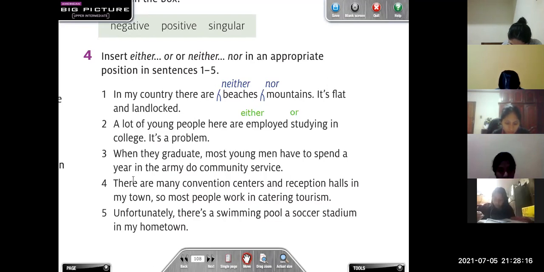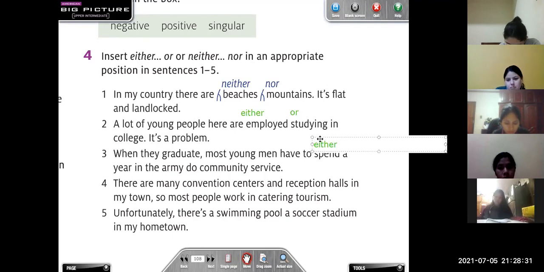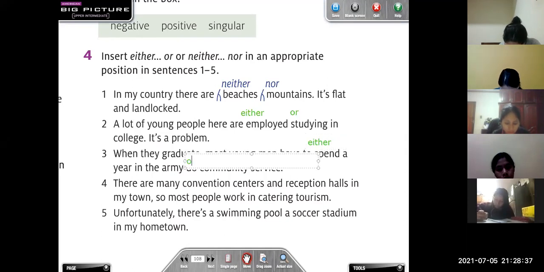To either spend a year in the army or do community service. Mhm. To either spend a year in the army or do community service.